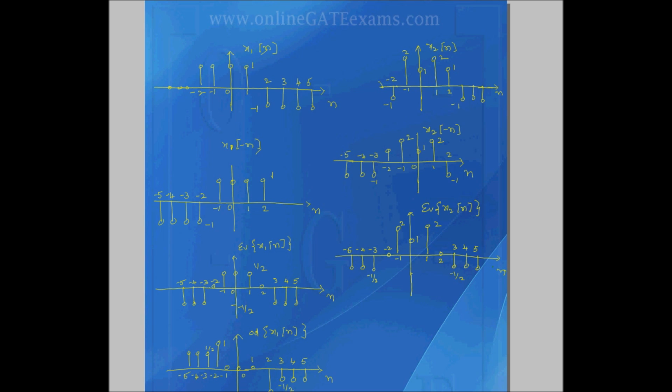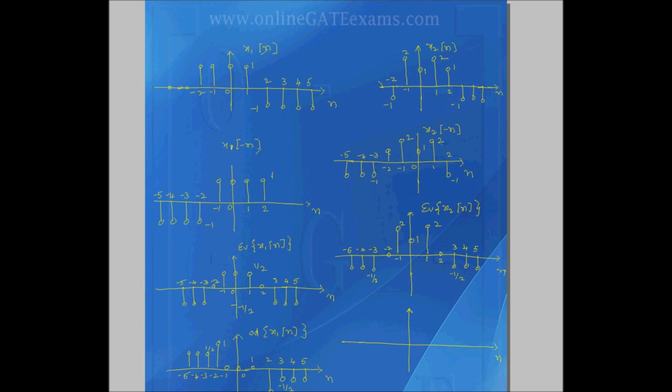Clearly, if you look at the signal, it looks even. Right. Next, let us try to plot the odd part of the signal. What is the odd part of the signal? That is nothing but x2 of n minus x2 of minus n, divided by 2.